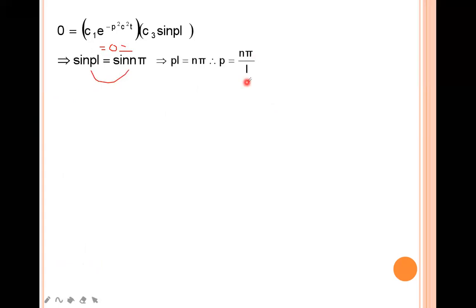Now substitute p equal to n pi by L in equation 4. What is equation 4? u equal to c1 e raised to minus p square c square t into c3 sin px. In this, put p equal to n pi by L. Therefore we get u equal to c1 e raised to minus (n pi by L) whole square c square t into c3 sin (n pi by L) x.